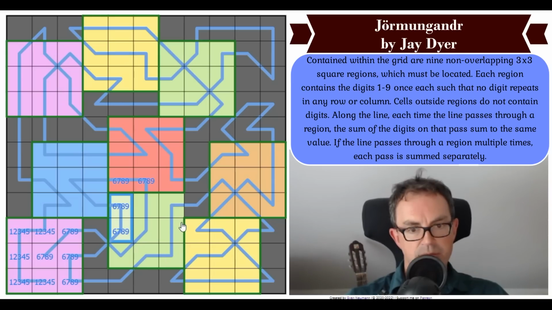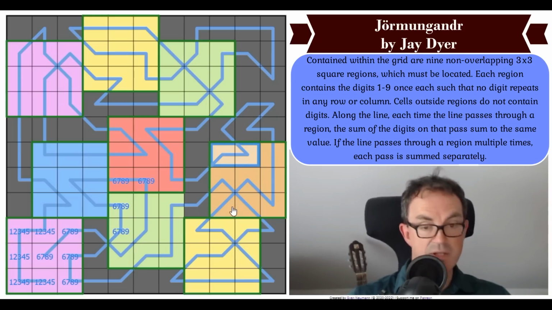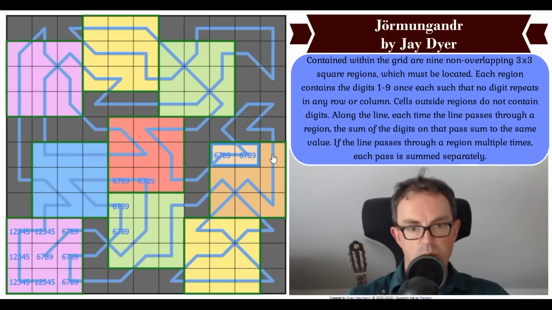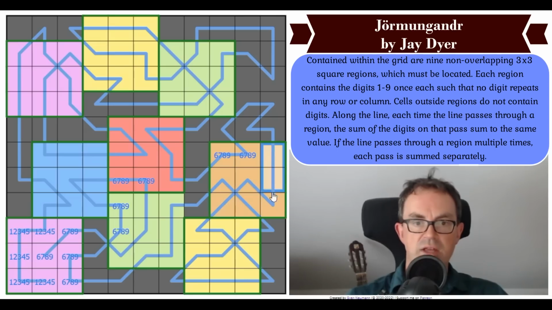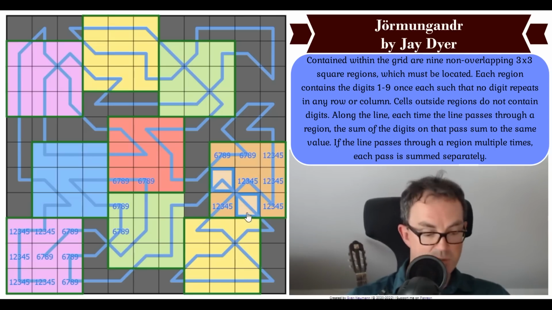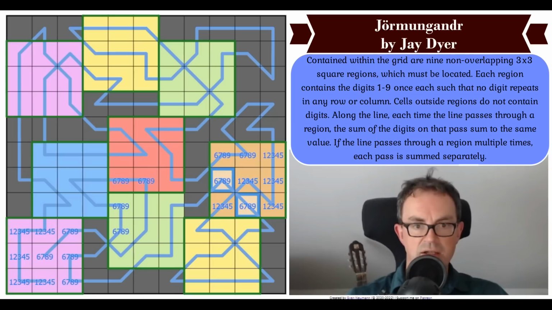That is a 2-cell sequence. 1, 2, 3, 4, 5. Aha! 2, 3, 4, 5. So that's got to be one of these 5-cell sequences, which means this is a 6, 7, 8, 9. Which is interesting.